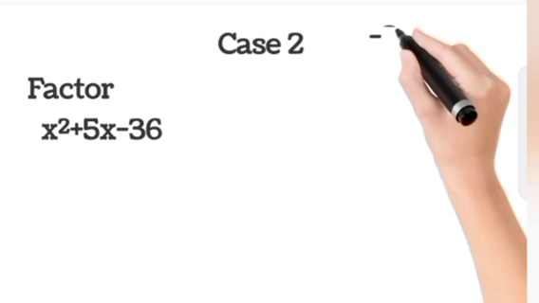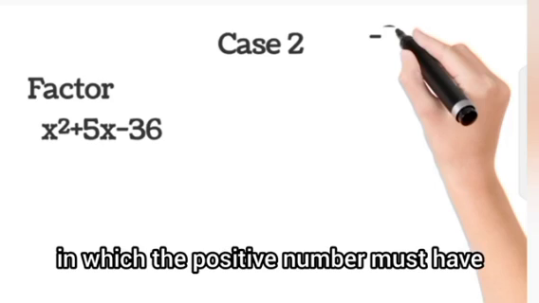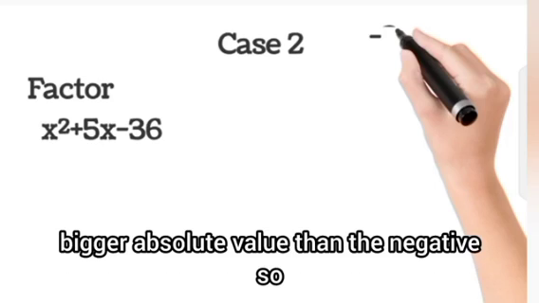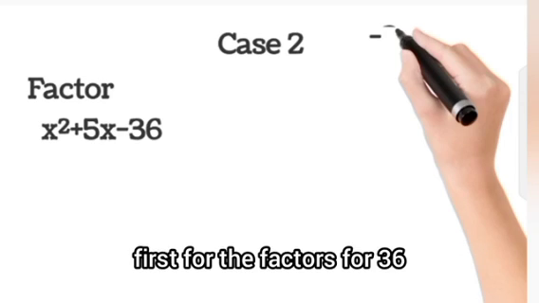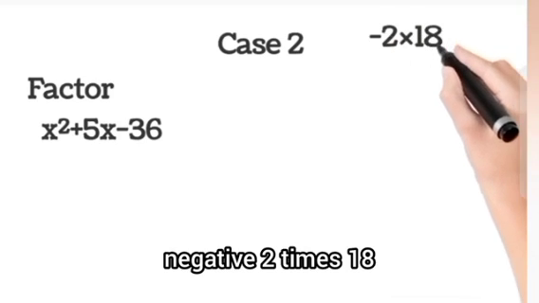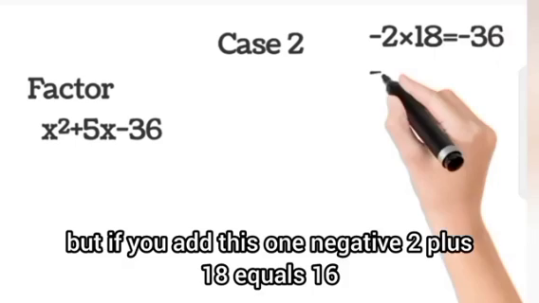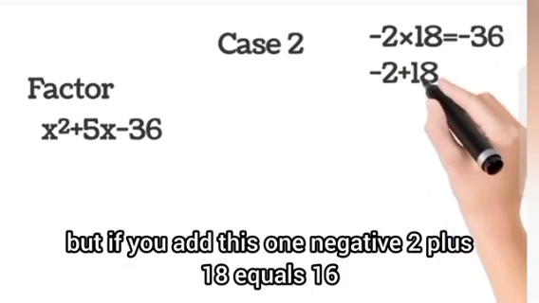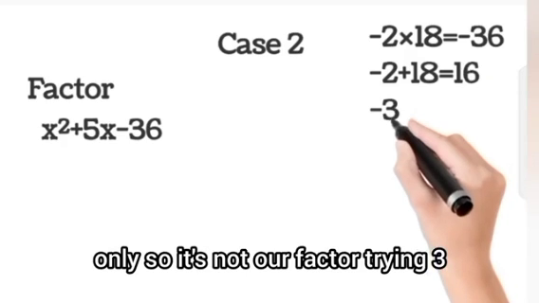So for the factors, we have a negative and a positive, in which the positive number must have bigger absolute value than the negative. So first, the factors for 36 can be negative 2 times 18. This is equal to negative 36. But if you add this one, negative 2 plus 18 equals 16 only. So it's not our factor.